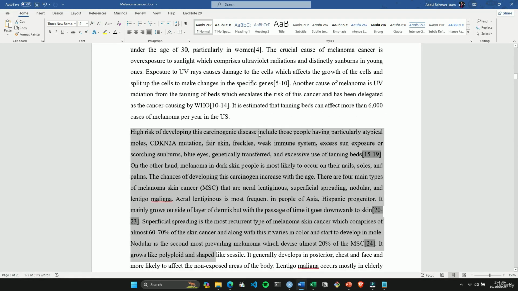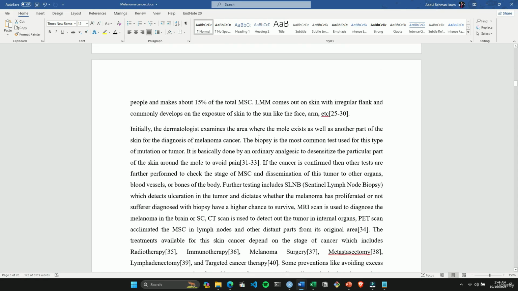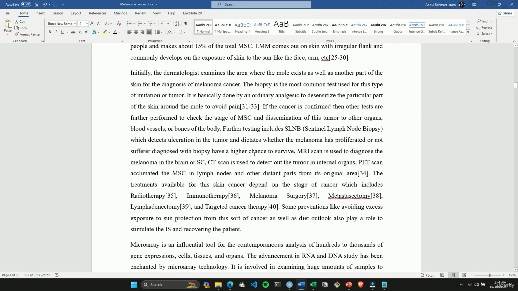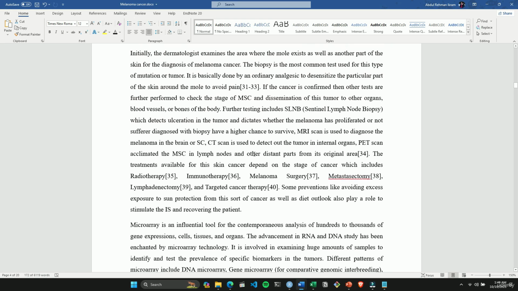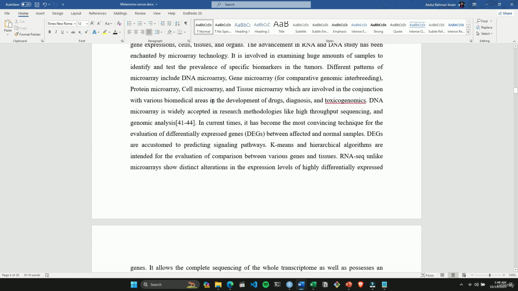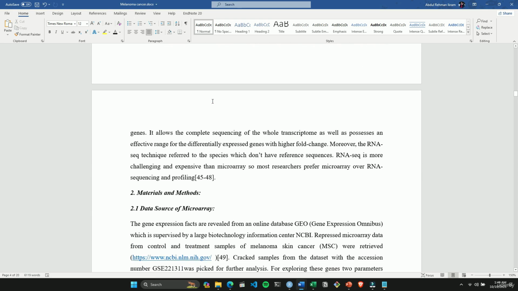The first paragraph is about cancer, the second is about its development, the third is about the techniques and how they were treated recently. The fourth paragraph is about using the bioinformatics technique.